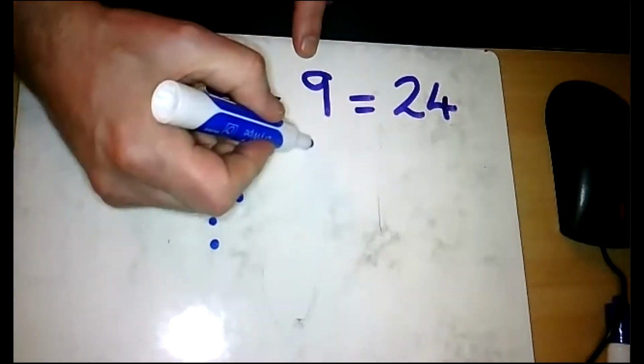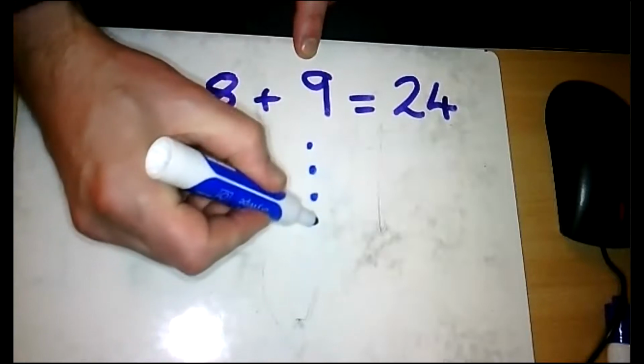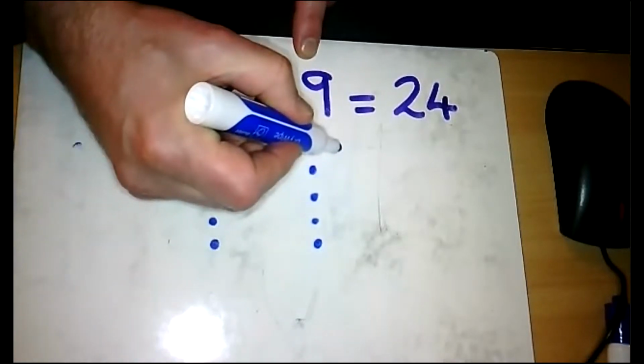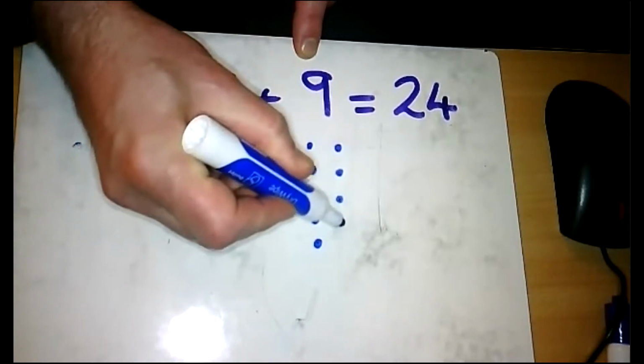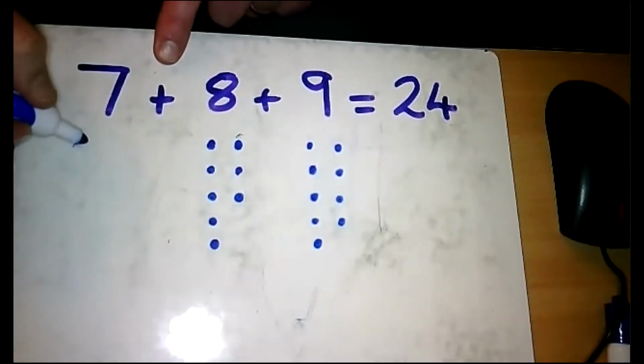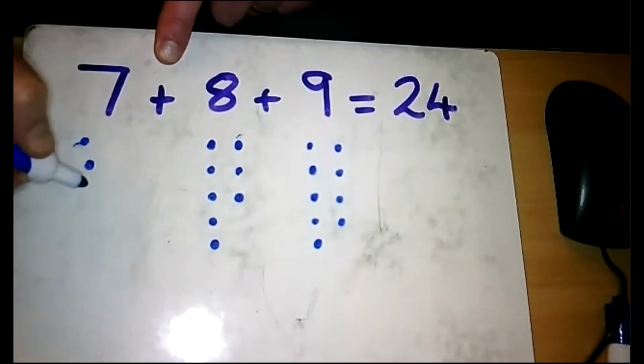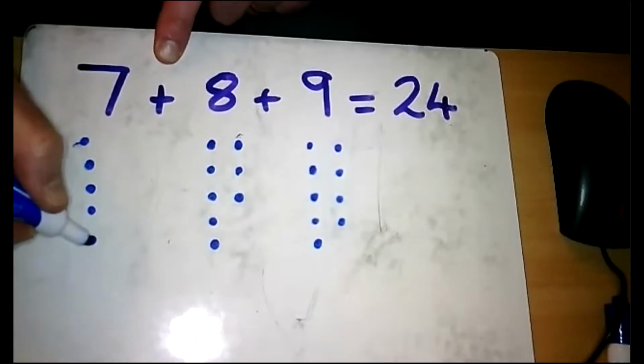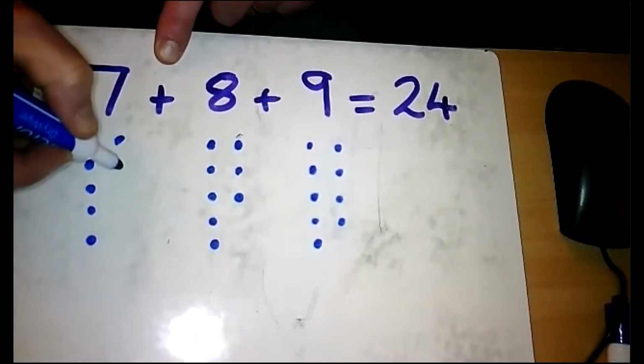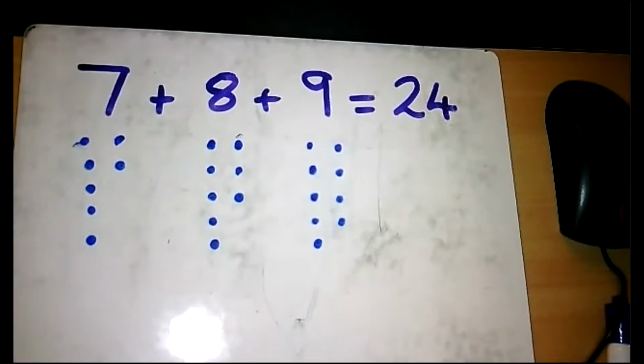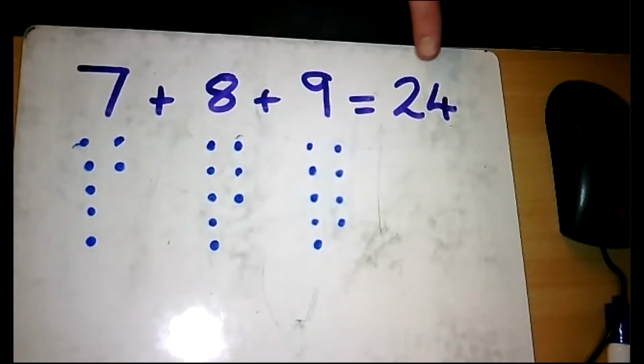On this side, 1, 2, 3, 4, 5, and 1, 2, 3, 4, making 9. 1, 2, 3, 4, 5, 6, 7. 3 lots of 8 make 24. Have I got 3 lots of 8?